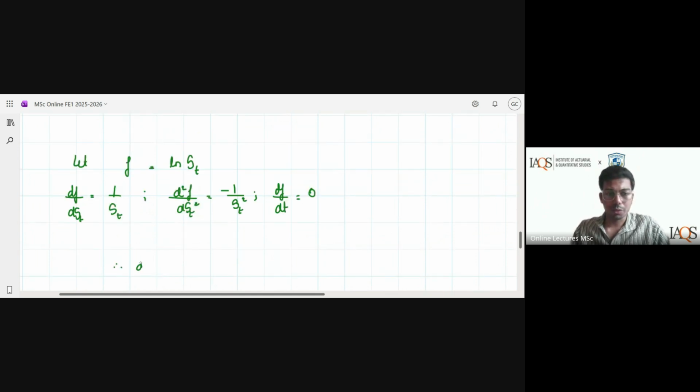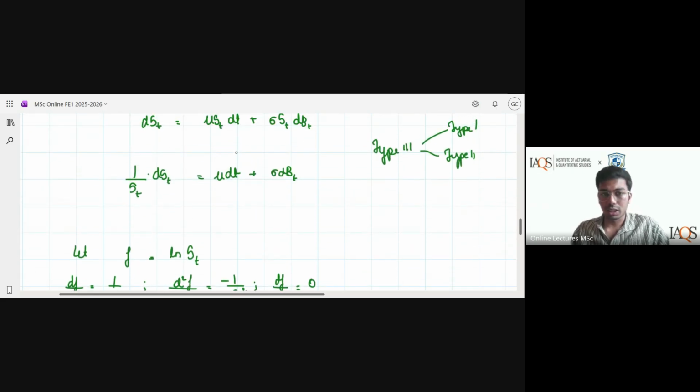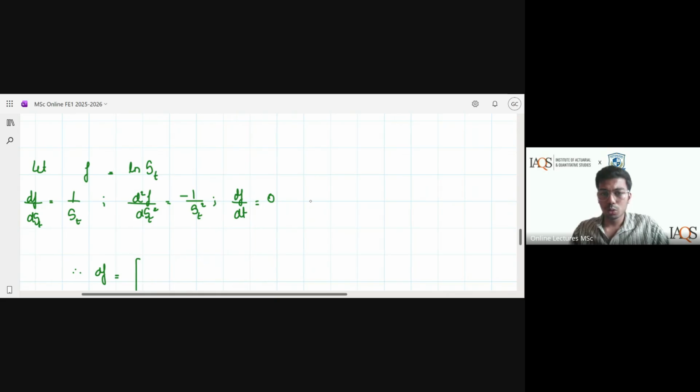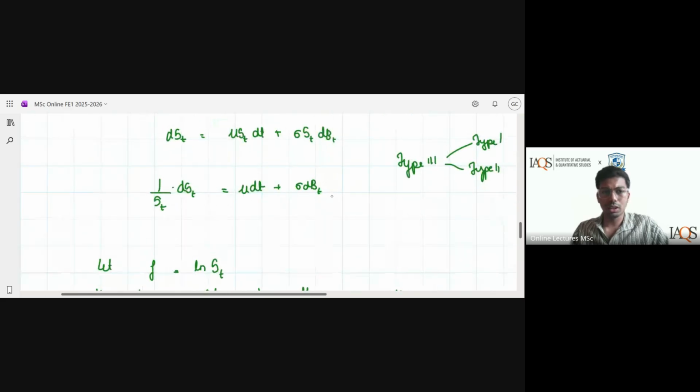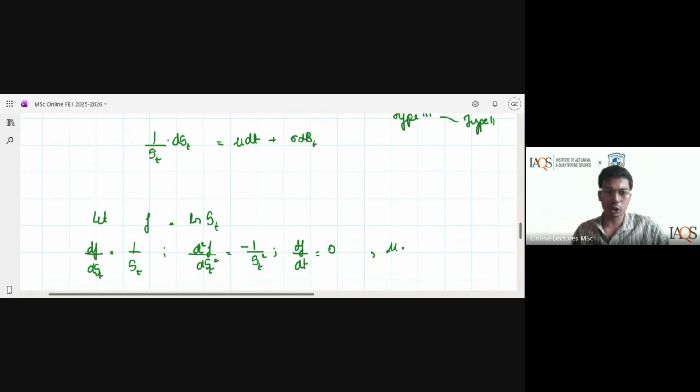Now, if I write the multi-factor lemma, df is equal to. Now, one more thing. What will be the value of mu? Anyone? Let's build up the thought procedure.